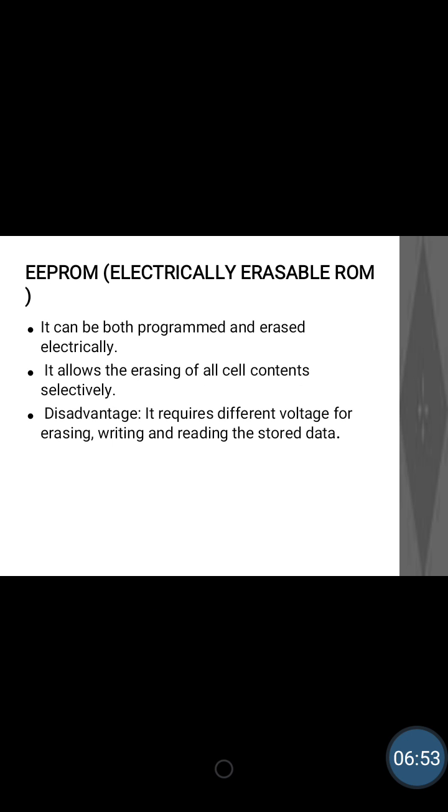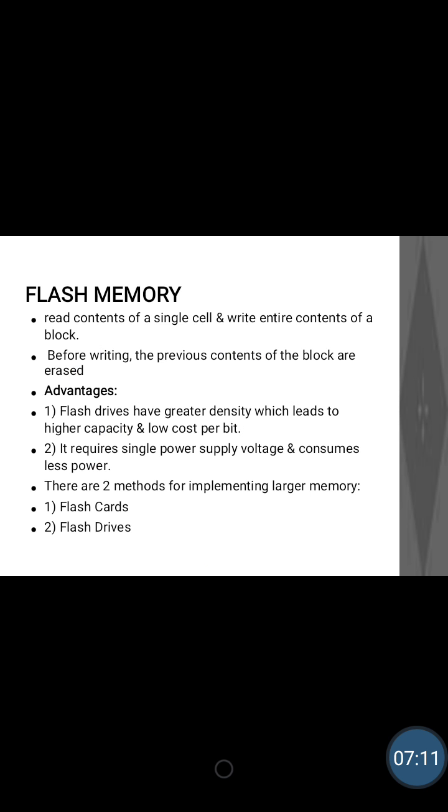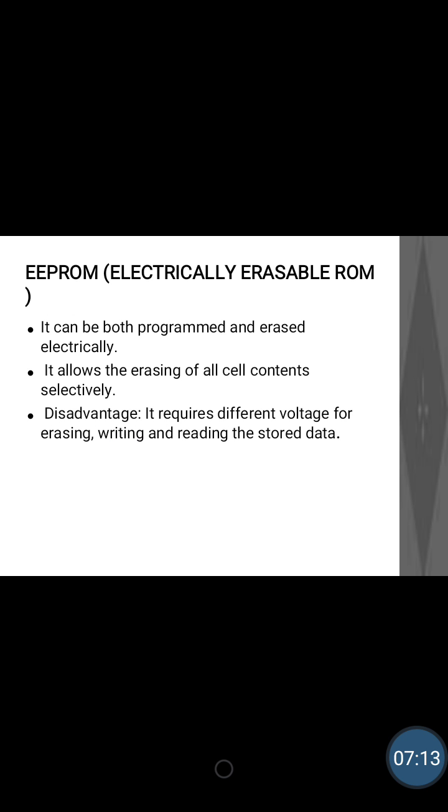Then EEPROM. EEPROM is electrically erasable. In EPROM, what happened? Erasing was done by using UV rays, isn't it? But they moved one more step ahead, that is, erasing is done electrically. That's why the name is electrically erasable PROM.